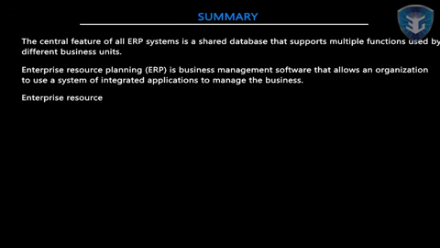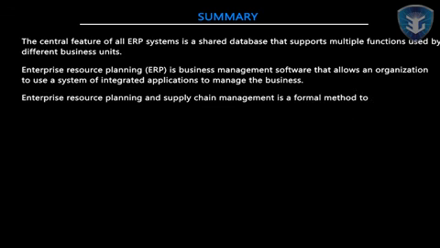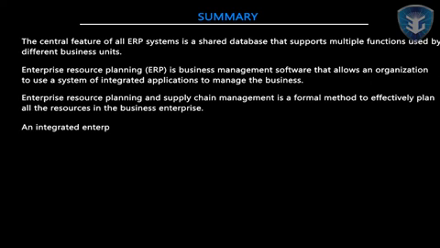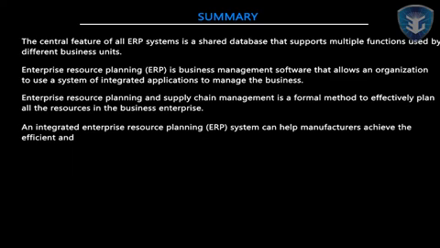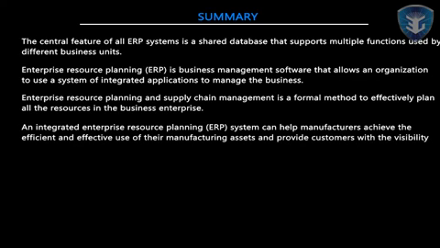Enterprise resource planning and supply chain management is a formal method to effectively plan all the resources in the business enterprise. An integrated enterprise resource planning (ERP) system can help manufacturers achieve the efficient and effective use of their manufacturing assets and provide customers with the visibility they need.